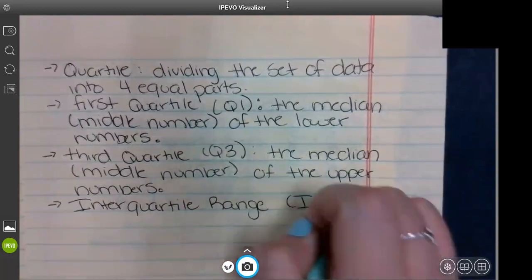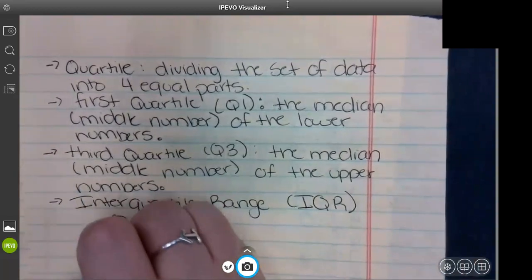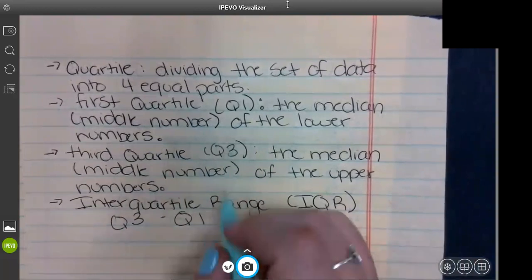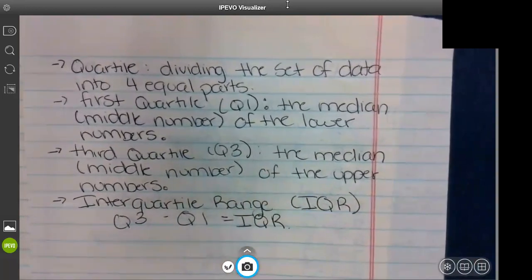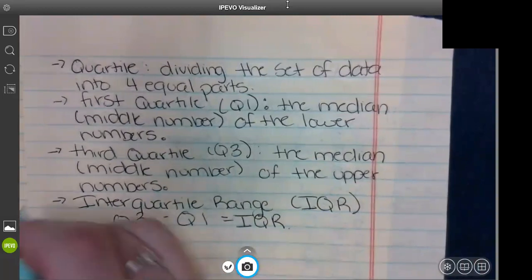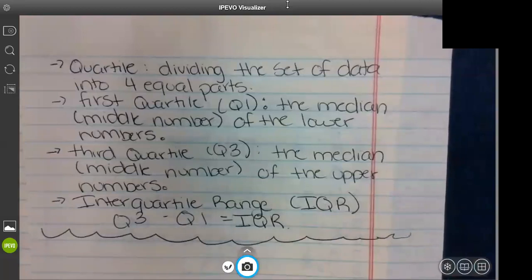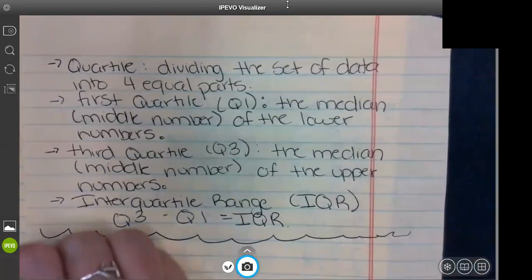Which is IQR, and that's going to be Q3, or the third quartile, minus Q1. That gives you your interquartile range. And the second example for today, we're going to be finding these quartiles and the interquartile range.